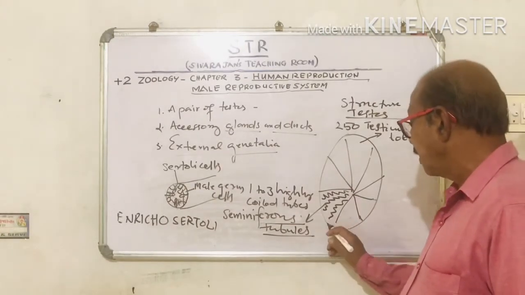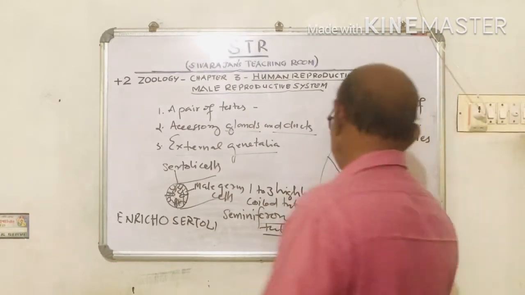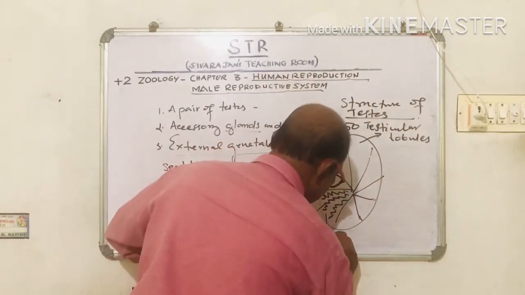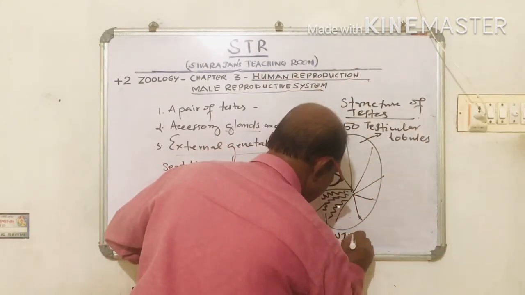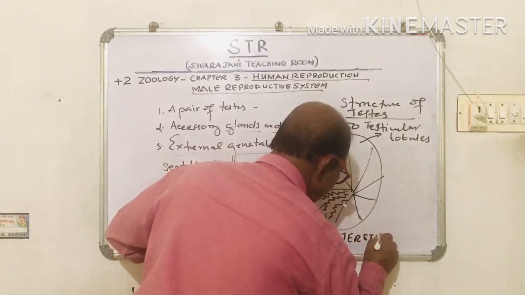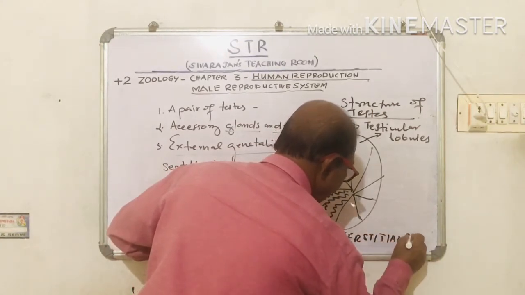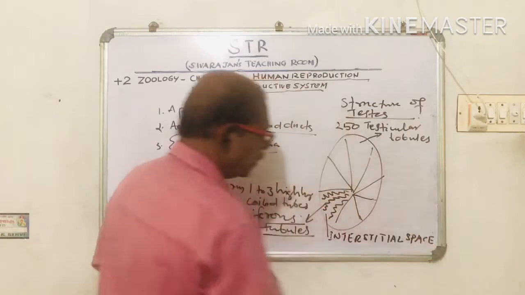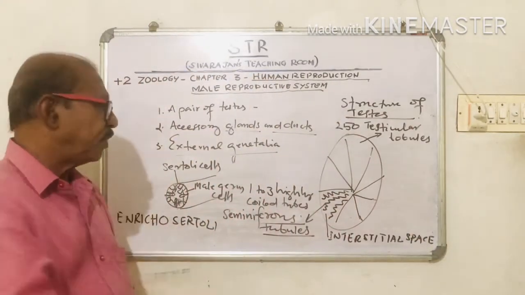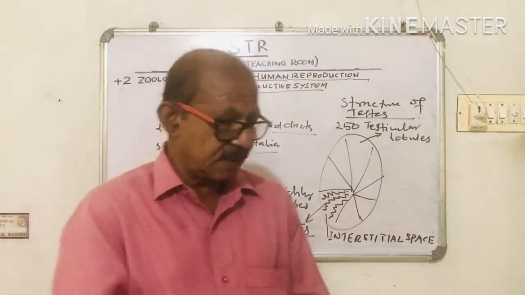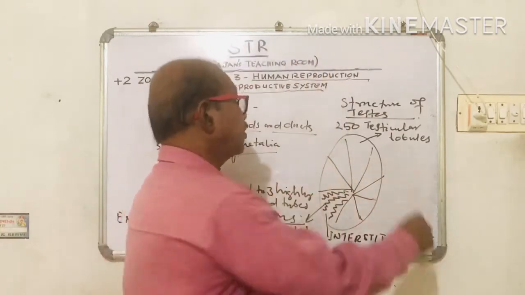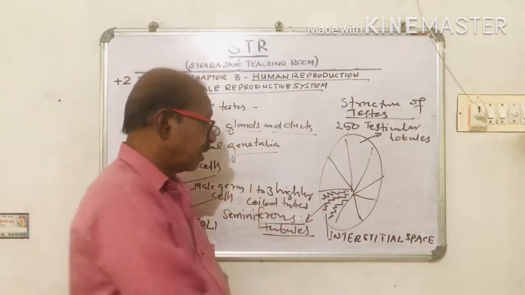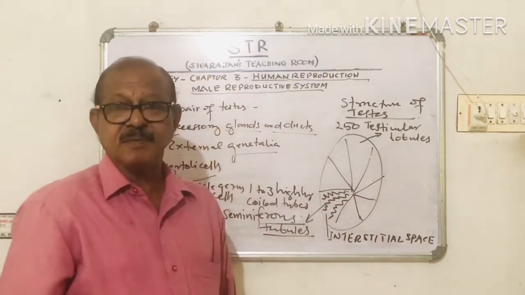And this space is called interstitial space. So what is interstitial space? The space between the seminiferous tubules inside each testicular lobule is called interstitial space.